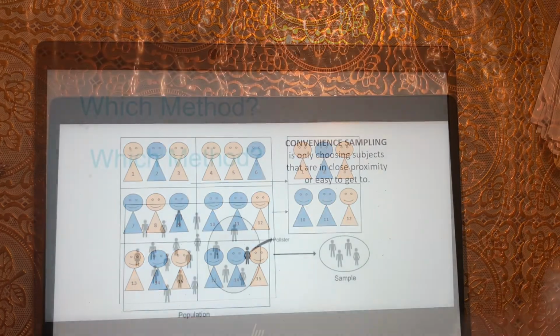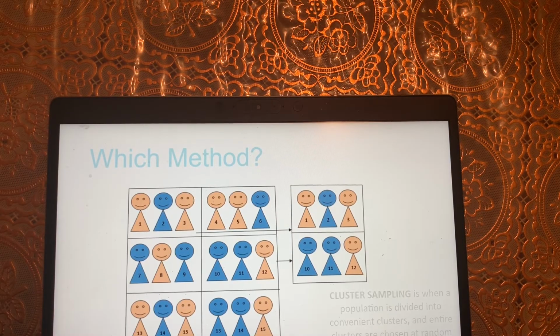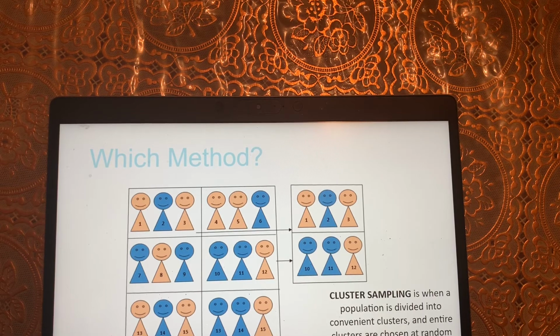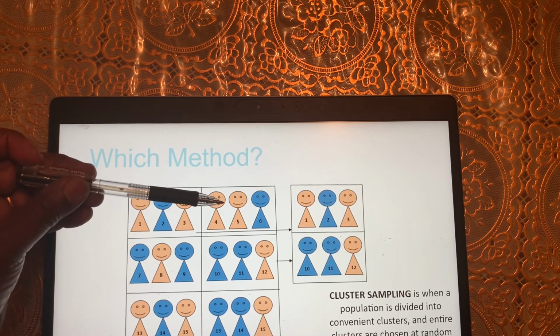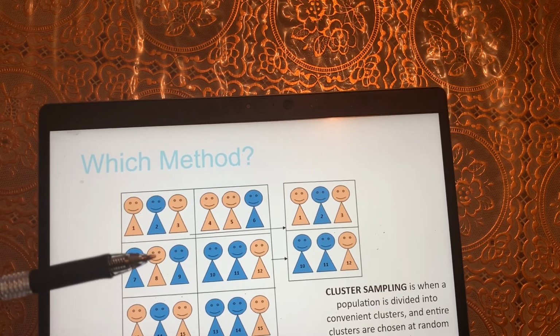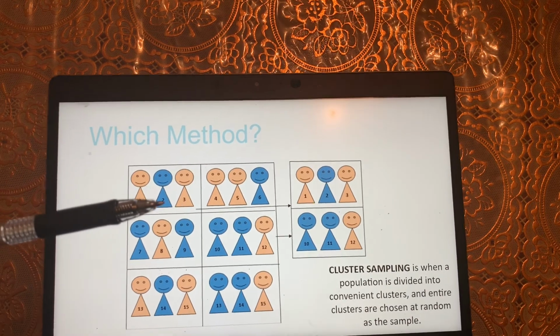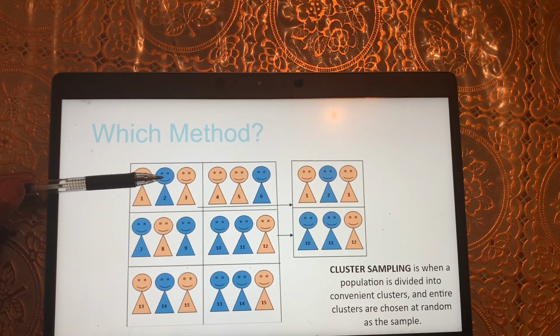The next one is called cluster sampling. In cluster sampling, we divide the whole population into convenient clusters, and entire clusters are chosen at random as the sample. So you are dividing the whole population into different clusters or groups which have the same convenience level.